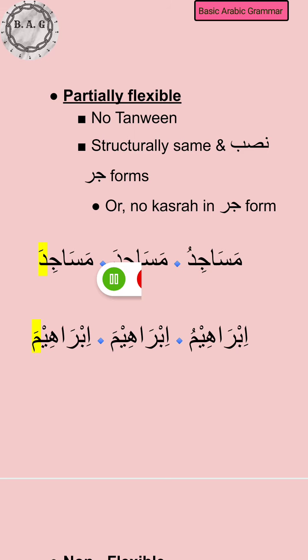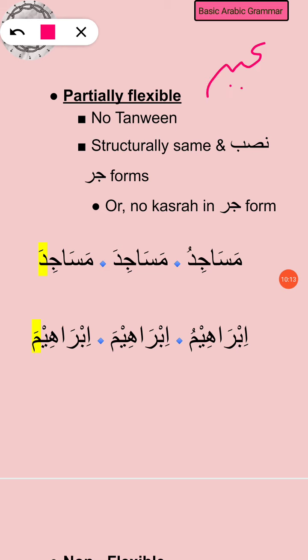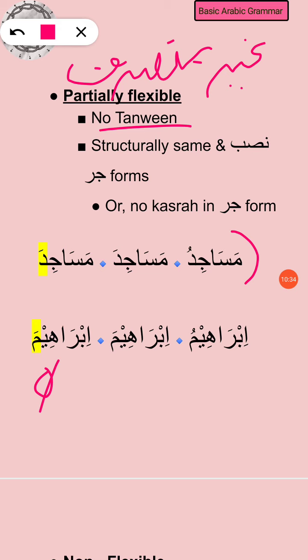So next we have the partially flexible ones, also known as ghair munsarif asma, and I would ask you to remember it as ghair munsarif. Ghair means non, so non-munsarif. So what's with these? Number one, no tanween, as it says here, and we already know the example of masajidu, which is mosques in nakra form.